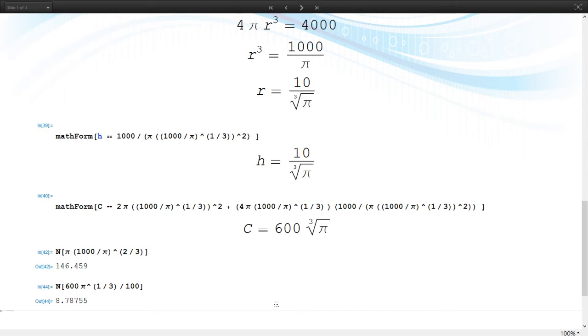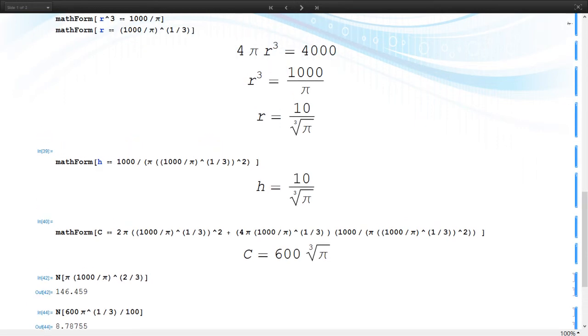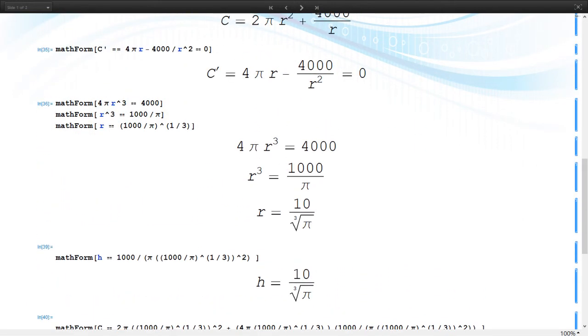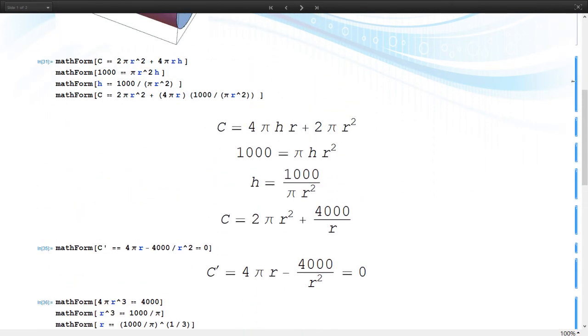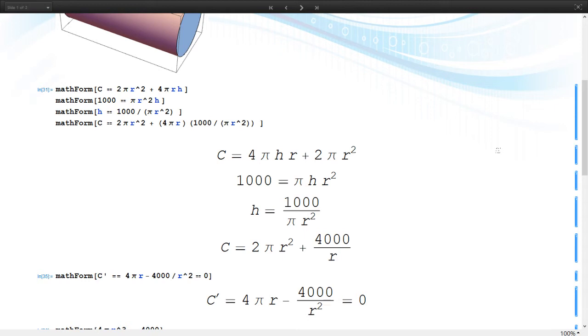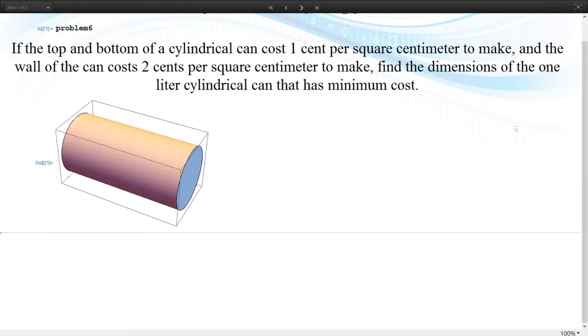That's a pretty expensive can. I don't know what it holds, but it must be something hazardous that needs to be protected, or the can needs to protect people from whatever's inside of it, as the can is very expensive. It's not like a can of water or soda or something.